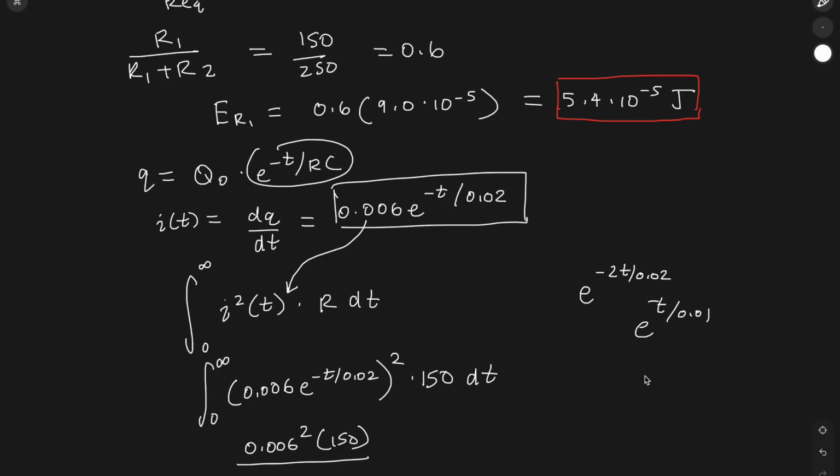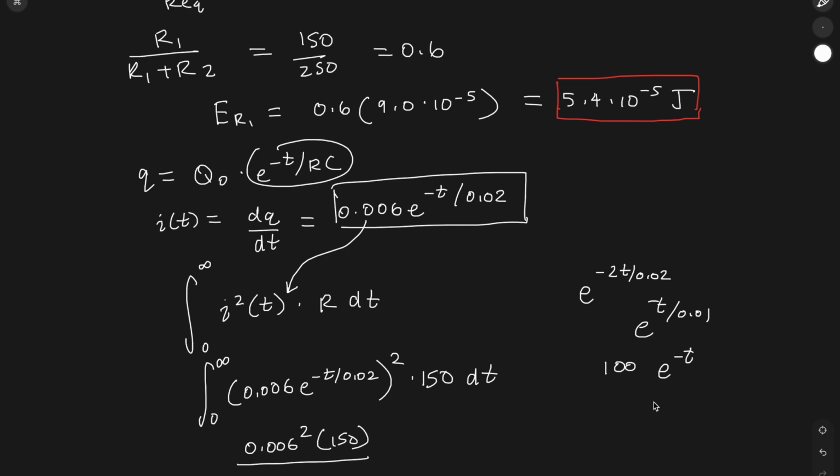We have e to the negative t divided by, or sorry, multiplied by 100, because if we take the derivative of that, it's going to divide by 100.